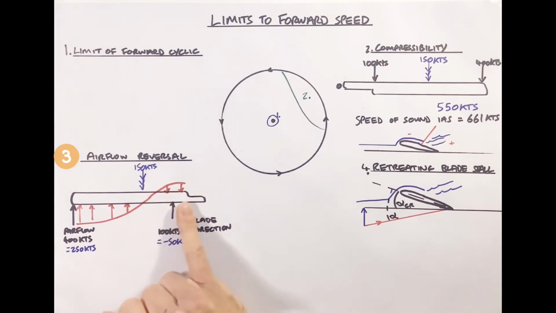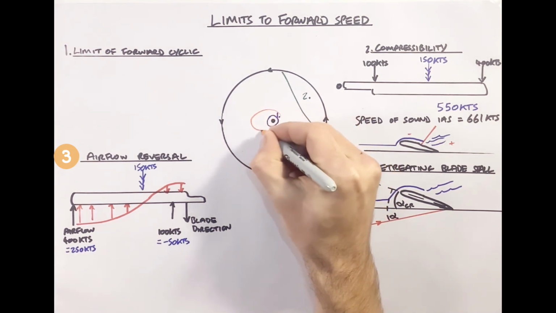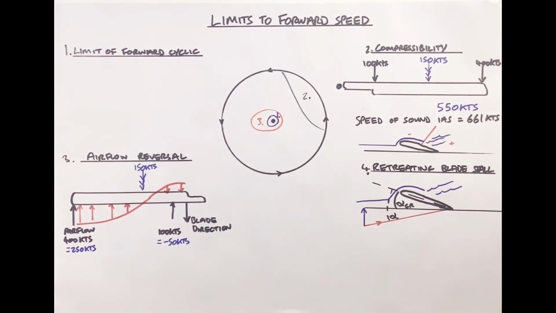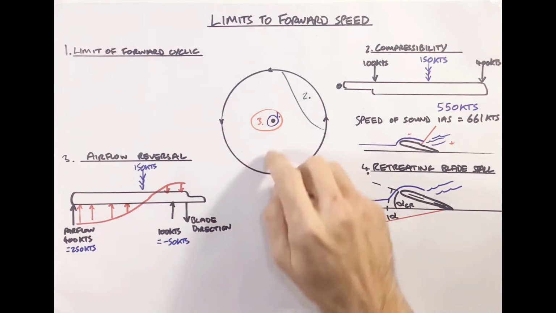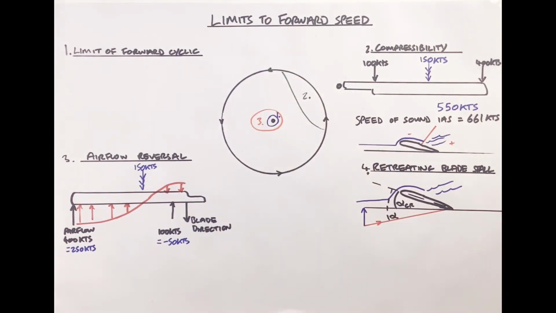Again, we generally see it in the retreating side, in the vicinity of the root, and again that slowly spreads out as you move faster, but the initial phase we like to see it on the retreating side once we get to the area of the fastest movement of air. So that's going to be at the 90-degree point again, when the blade is perpendicular to the oncoming airflow.